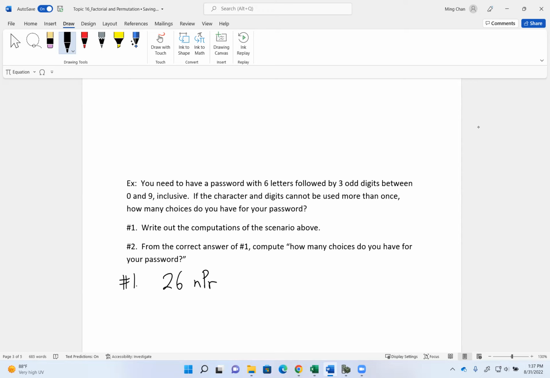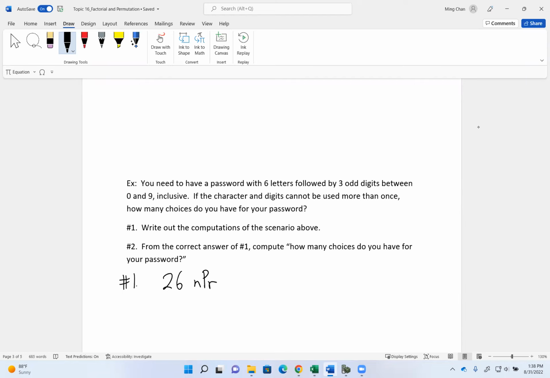In another video I mentioned something about the license plate. I think it was in topic 15, where there was an example of a license plate that was 3 numbers followed by 3 letters. In that particular problem, it does say the repetition is allowed.